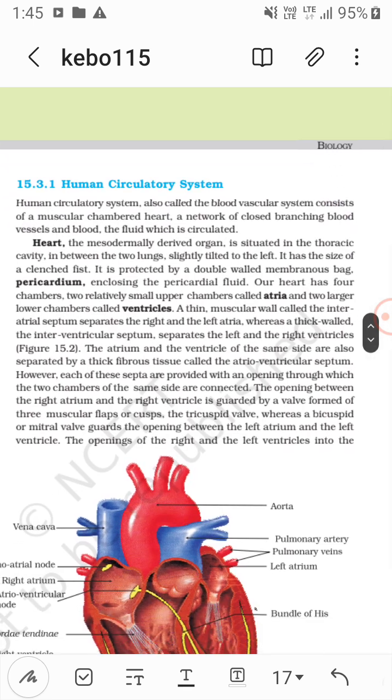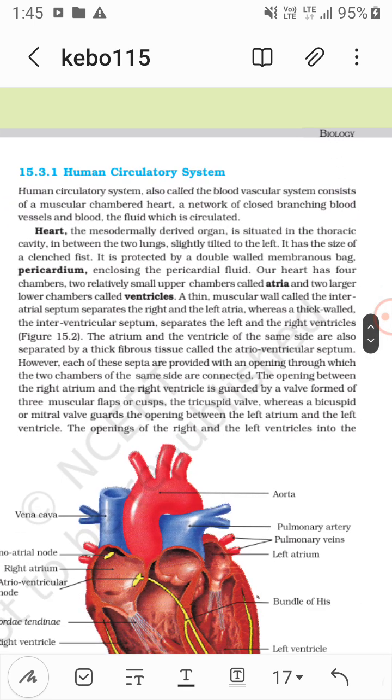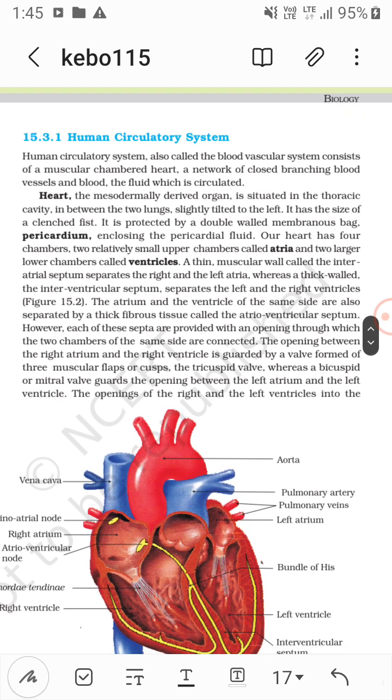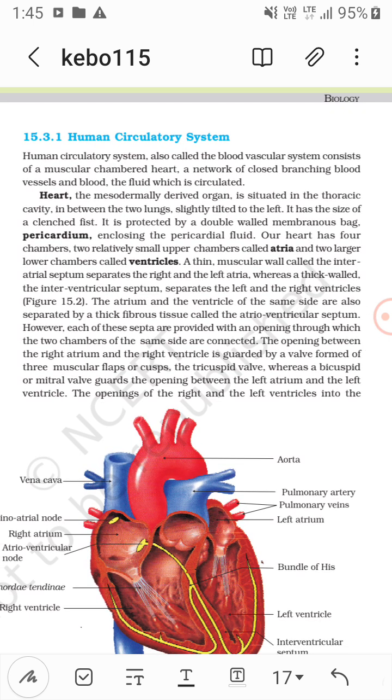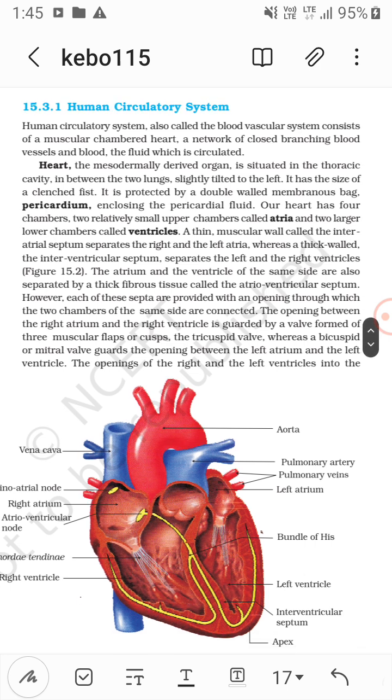Now, the human circulatory system. Conventionally, if we see the direction, the opening between the right atrium and right ventricle is seen on the left side. So it's opposite.